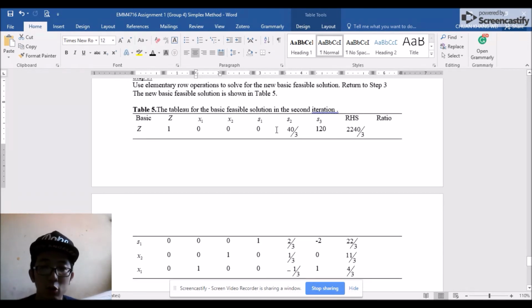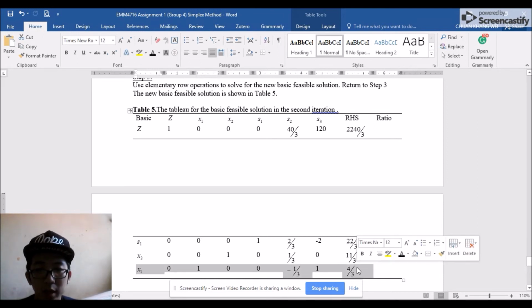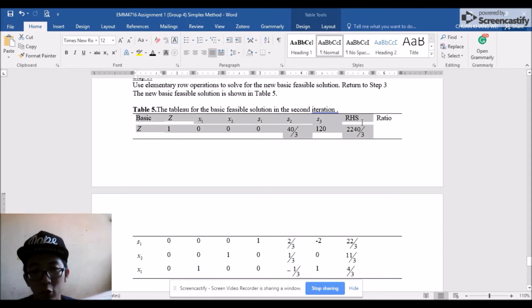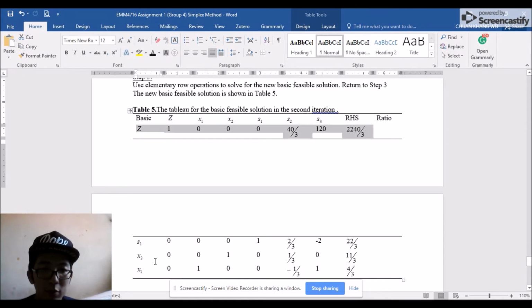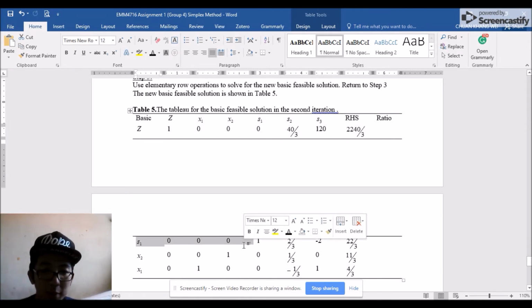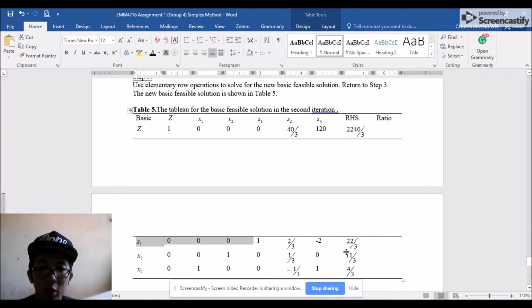From row 3 we get row 0 double prime, row 1 double prime, and row 2 double prime.